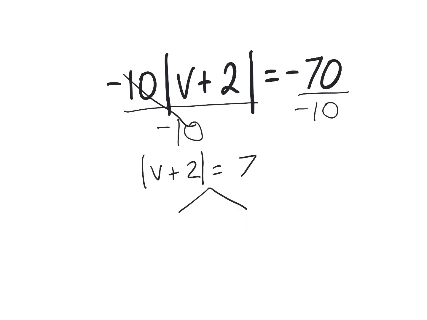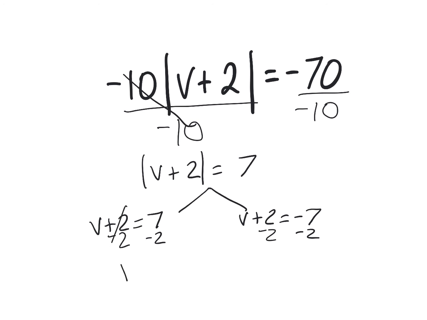So you would say this could be v plus 2 equals 7, or v plus 2 equals negative 7. You can subtract on both sides, and you'll end up with v equals 5, or v equals negative 9. When you plug that in, it should work out for you. And that is how you solve absolute value equations.